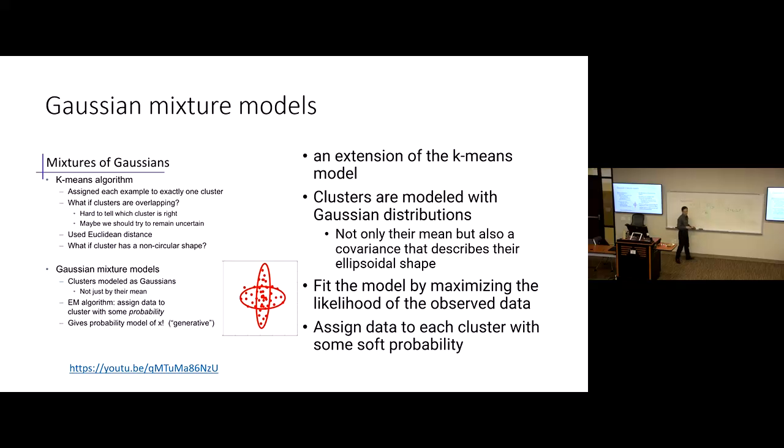But when you talk about Gaussian modeling, we consider those data points to be drawn from normal distributions.